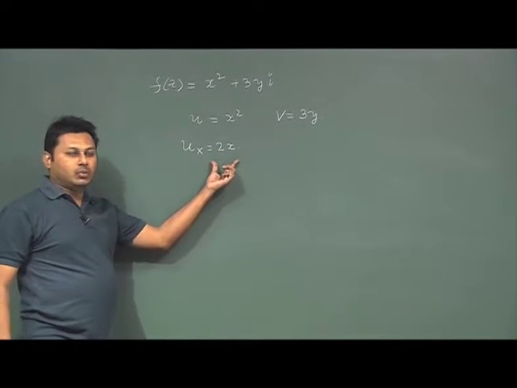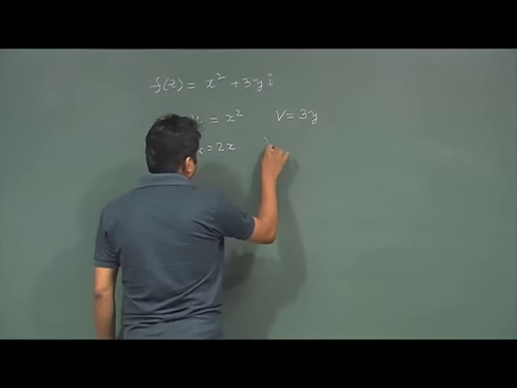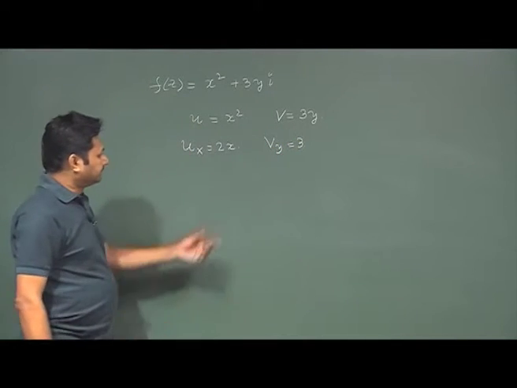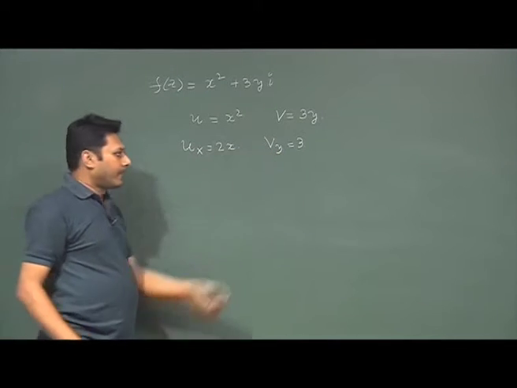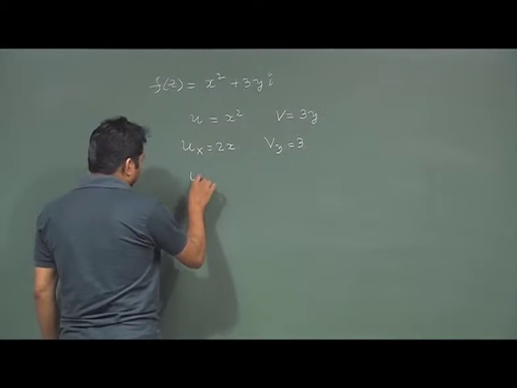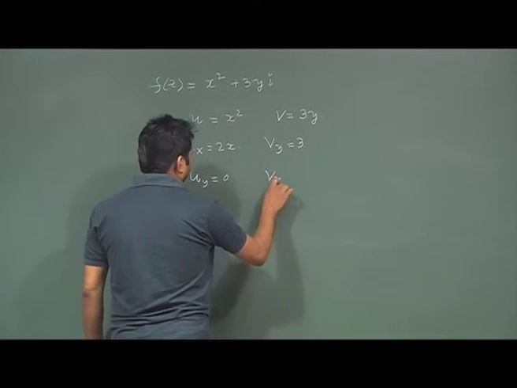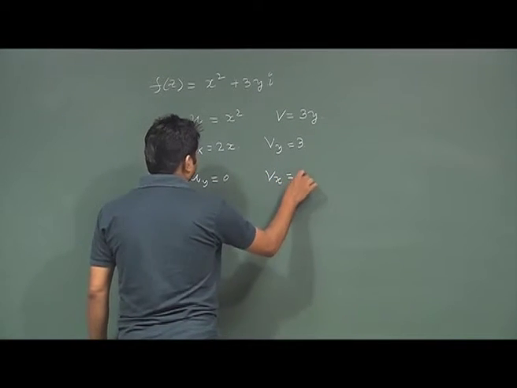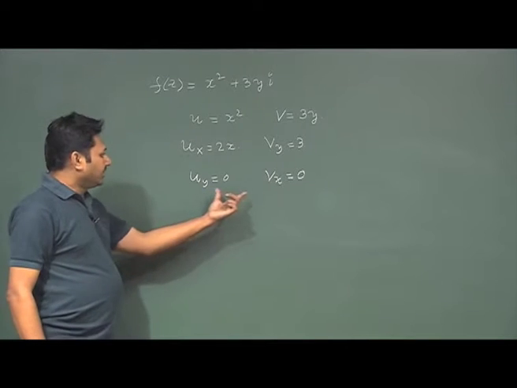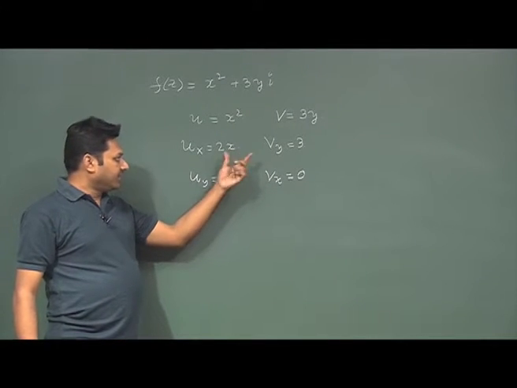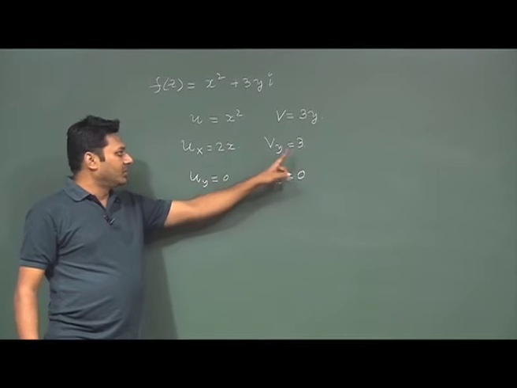ux is equal to 2x and vy is equal to 3. Here uy is equal to 0 and vx is equal to 0. So again this condition is satisfied, but this condition is not satisfied except at the critical value x equal to 3 by 2.